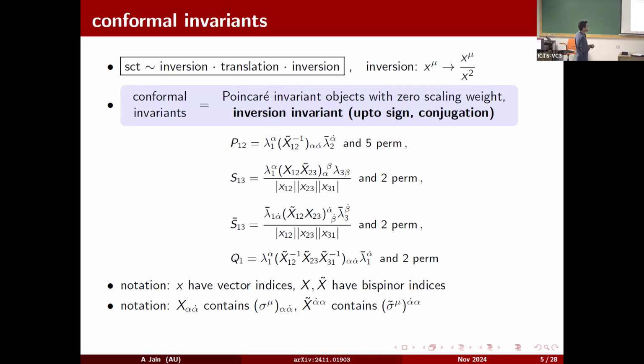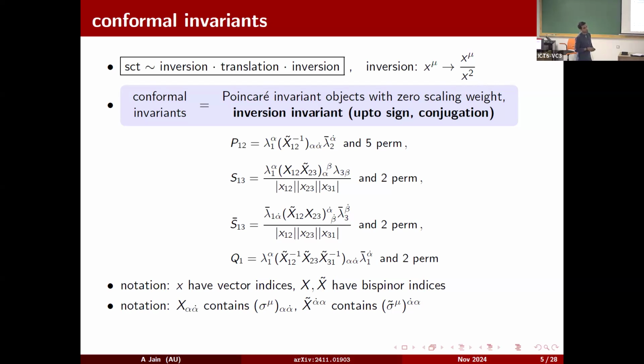You can multiply them with the sigmas to make them into bispinors. So these X and X tildes are bispinor matrices built out of the coordinates X. And these bispinors are now contracted with lambdas and lambda bars, which are now part of the coordinate space. And this thing is clearly Poincare invariant because there are no outright Lorentz indices.